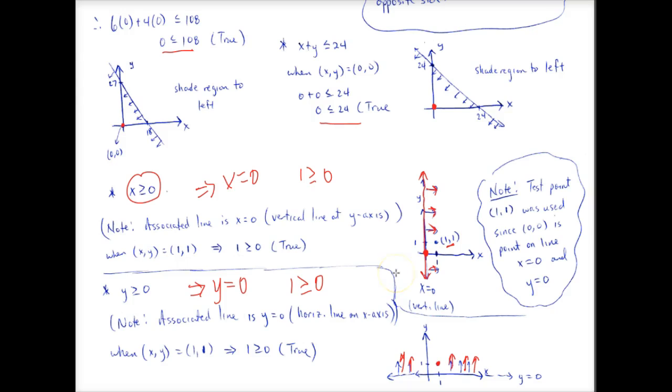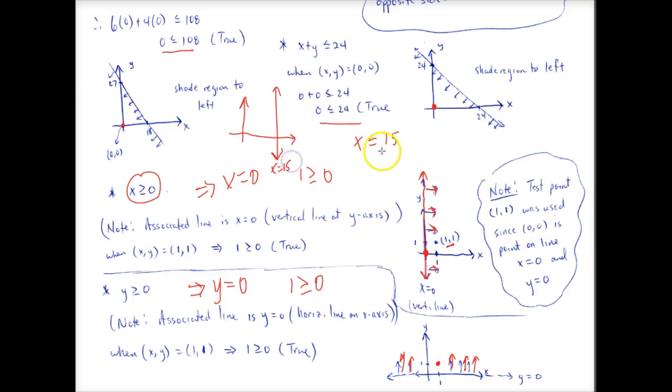All right, and so for the last one, I don't have it on here, but I will draw it. It is the inequality x is less than or equal to 15. And of course, we'll draw that particular line here.